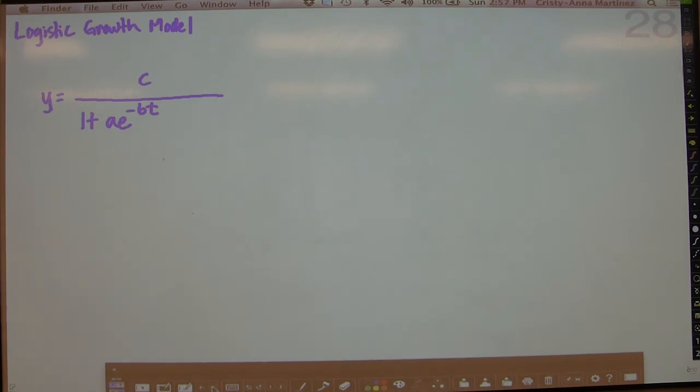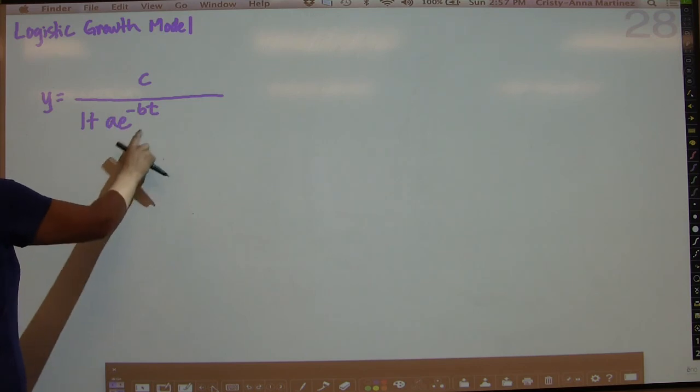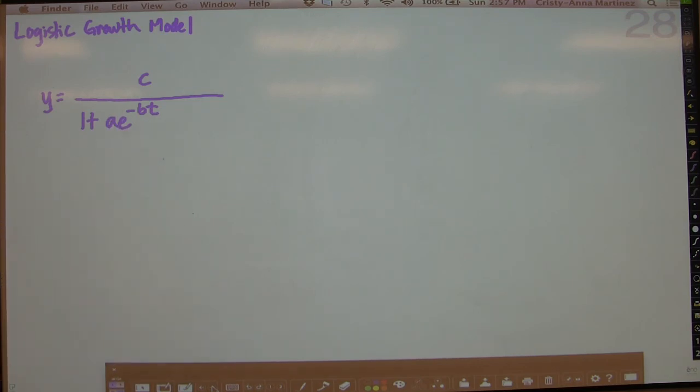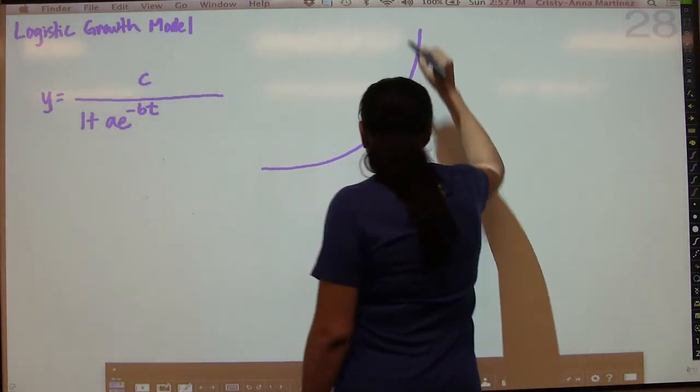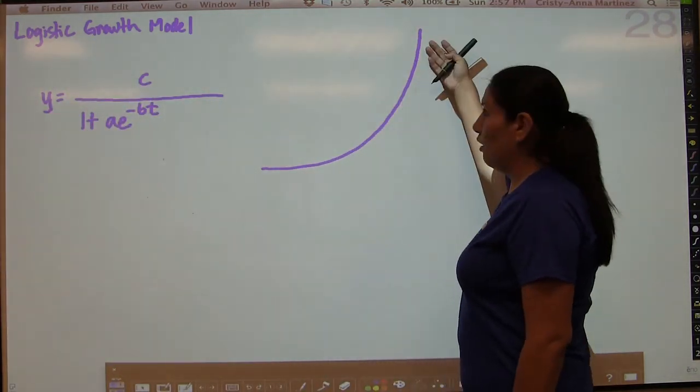And this is a logistic growth model. Basically, you can see elements of the exponential growth model here. But what's interesting about the exponential growth model is that if you were to ask the question about Georgia's population, if you were to graph an exponential model, it's going to look something like this, which indicates that it's going to grow without bound.